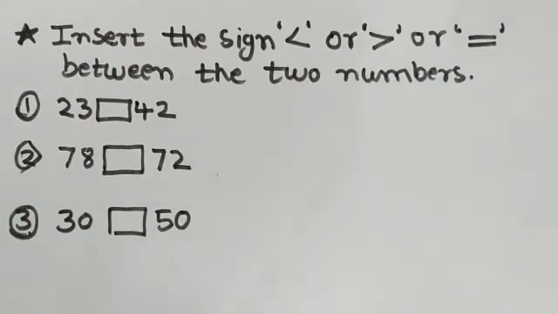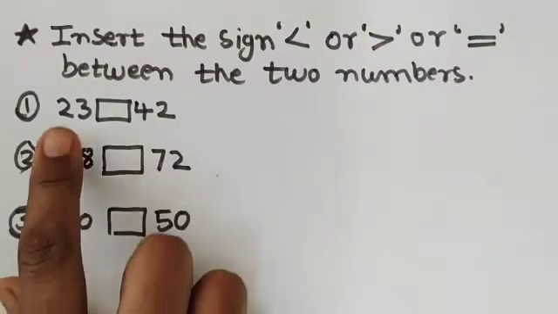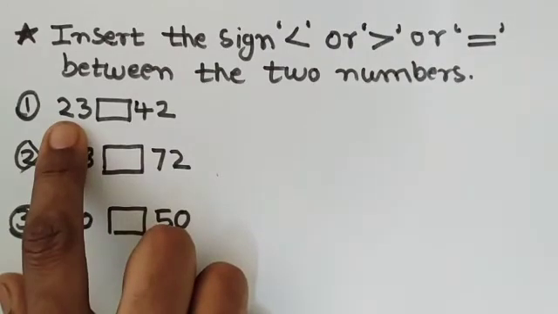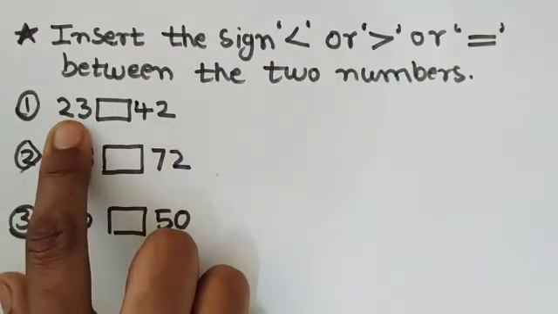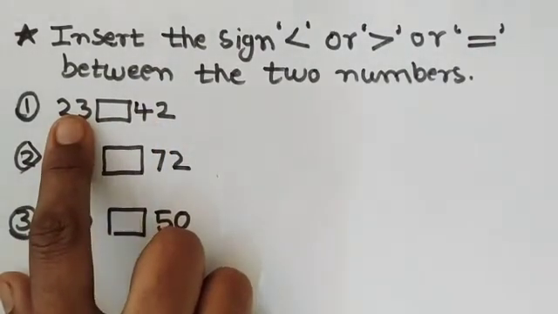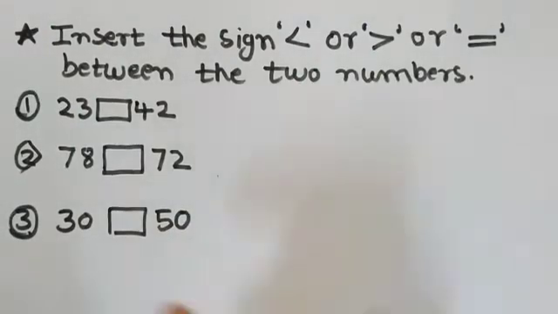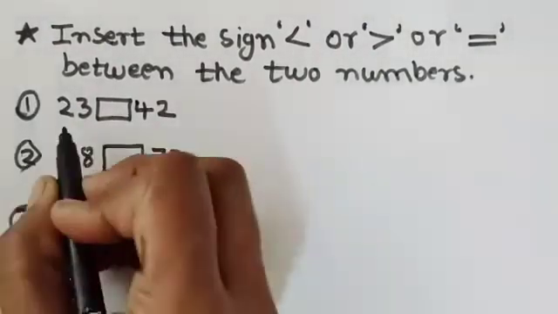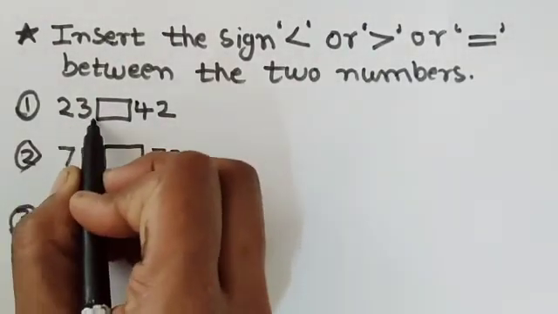Okay? Now we will understand how to compare 2 numbers that are both 2-digit. Here we have both numbers of 2 digits. So how to solve that? Let us see. Here we have the number 23.